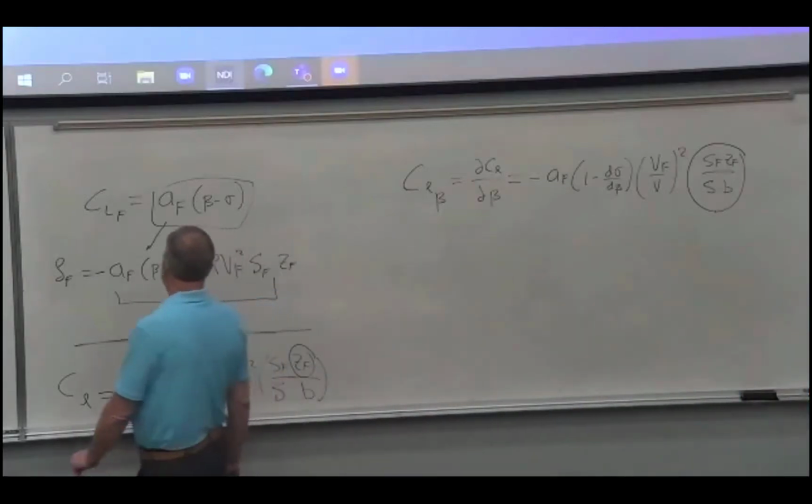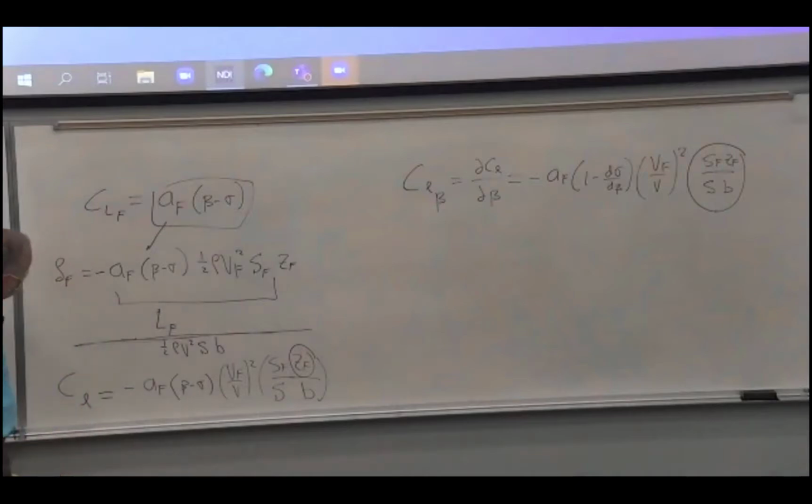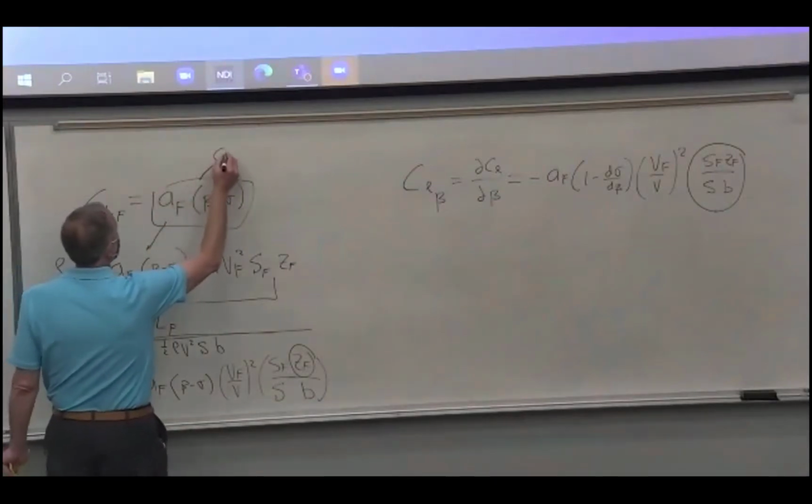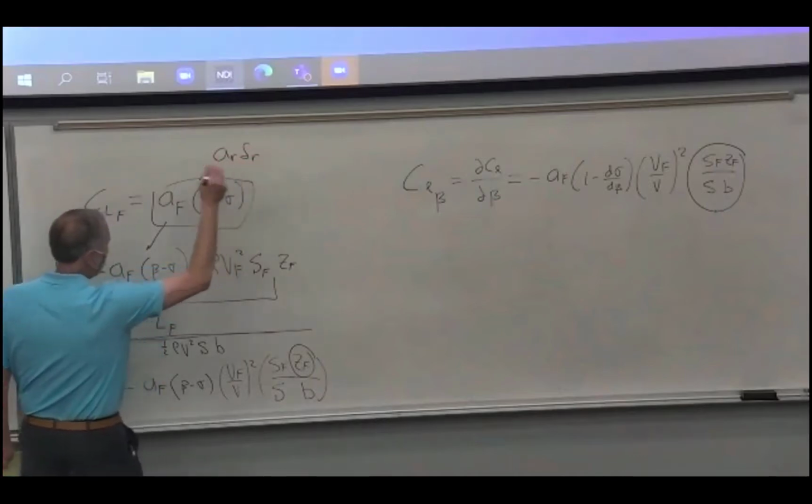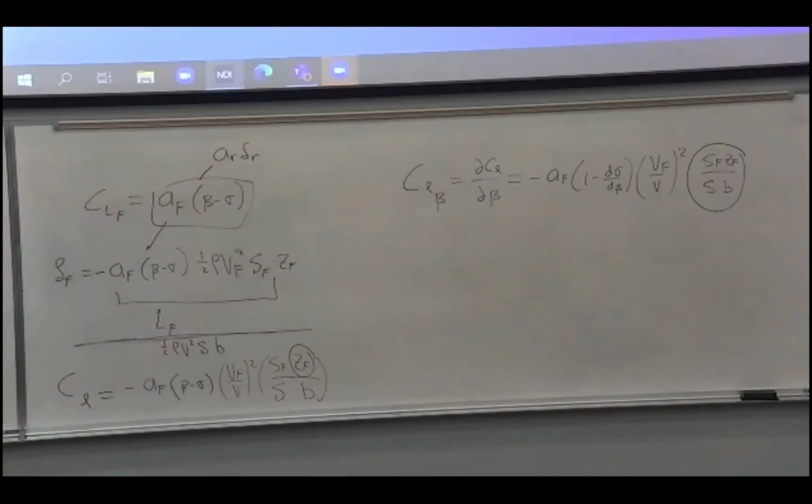And so in reality, I've actually sketched out the homework for you, because all you're doing is replacing this with A sub R delta R, and that's the lift due to the rudder.